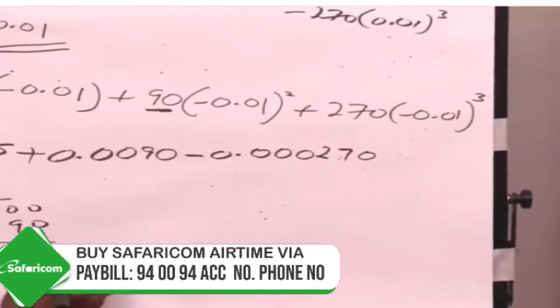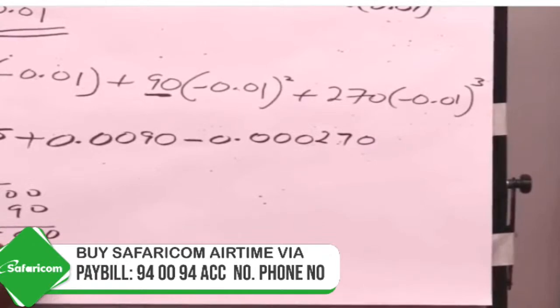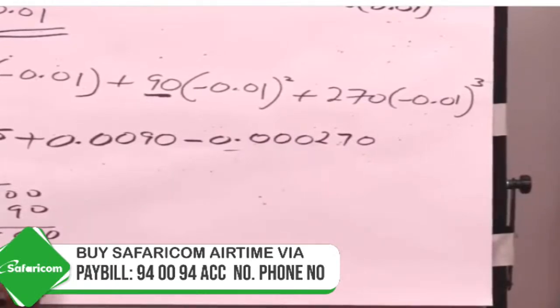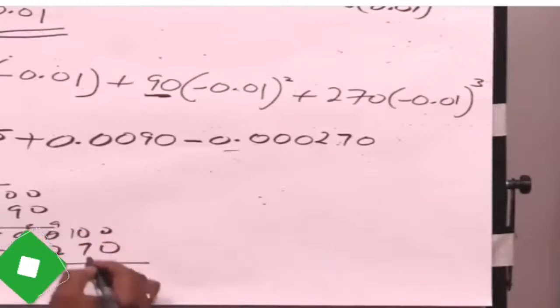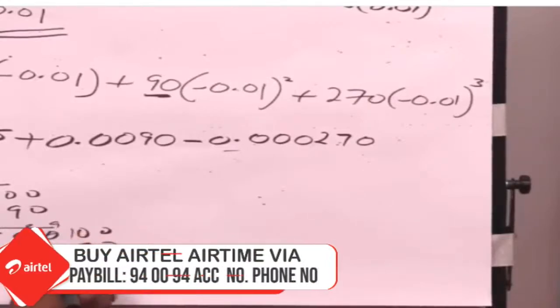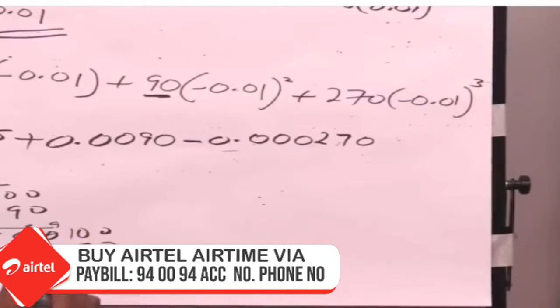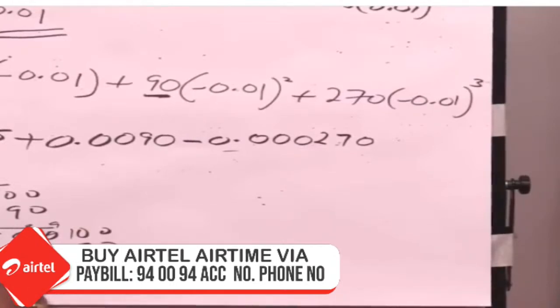When you add this, 0.8590. Then you subtract this, minus 0.000270. Borrow 1 from 9 becomes 8. This comes to 8, 5, 8, 0.